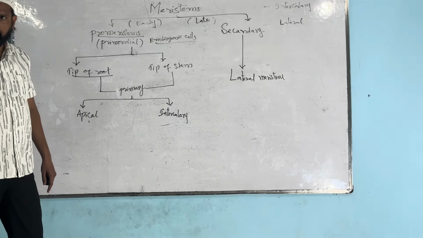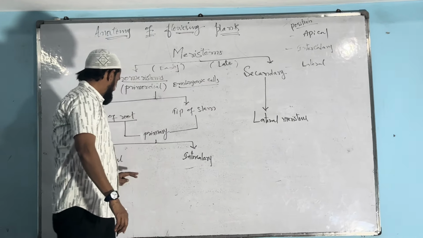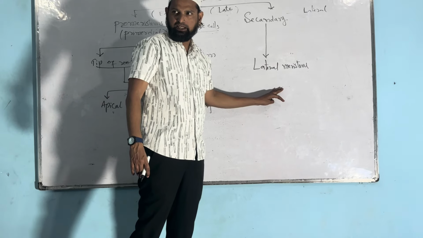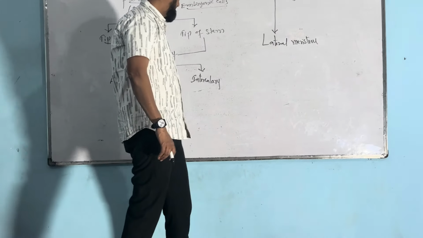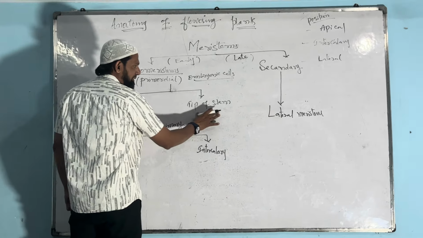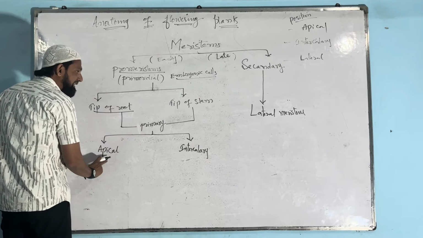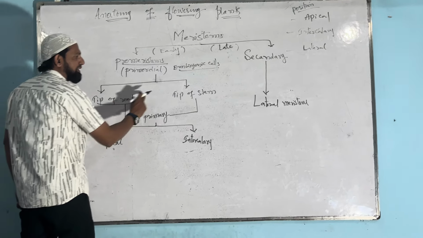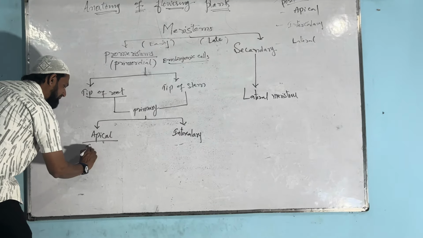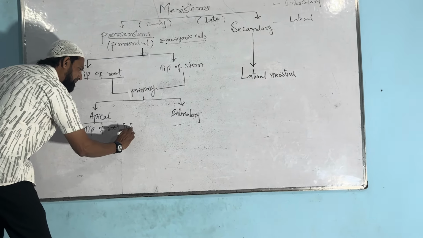Based on position, they are of three types: apical, intercalary, and lateral. Now see here one by one. The promeristem is located at the tip of the root and tip of the stem. So now, the apical meristem is present at the tip of root and stem.